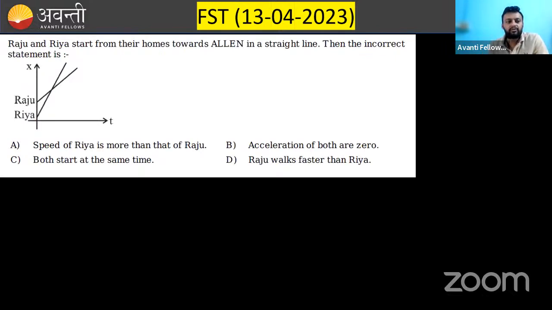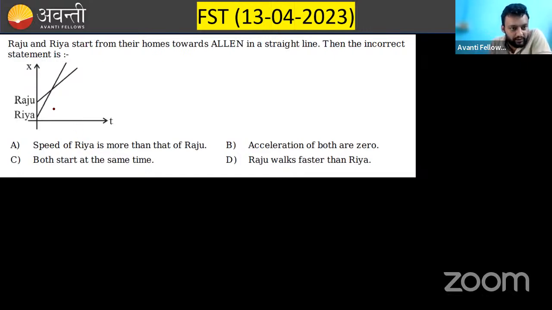Very good. Now, in this question, we talk about two persons, Raju and Ria, who start from their homes towards a school in a straight line. Then the incorrect statement is, if you see the graph, okay, Sushant is saying D. Very good, Sushant.